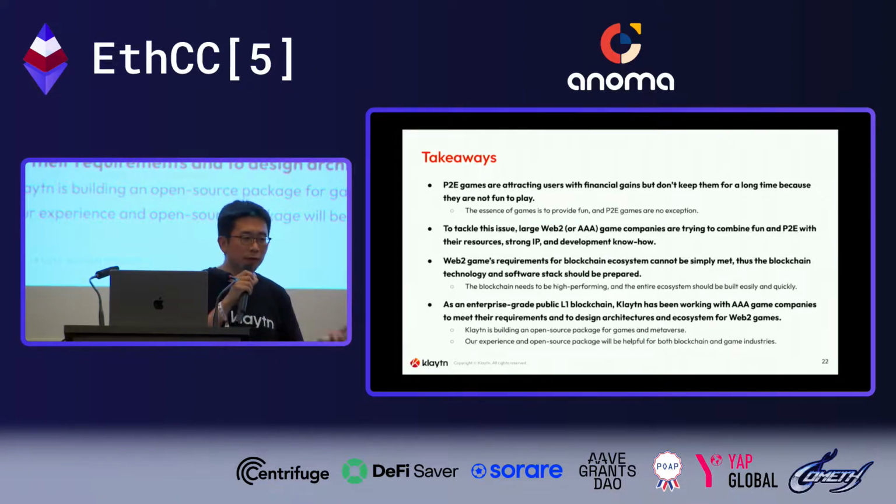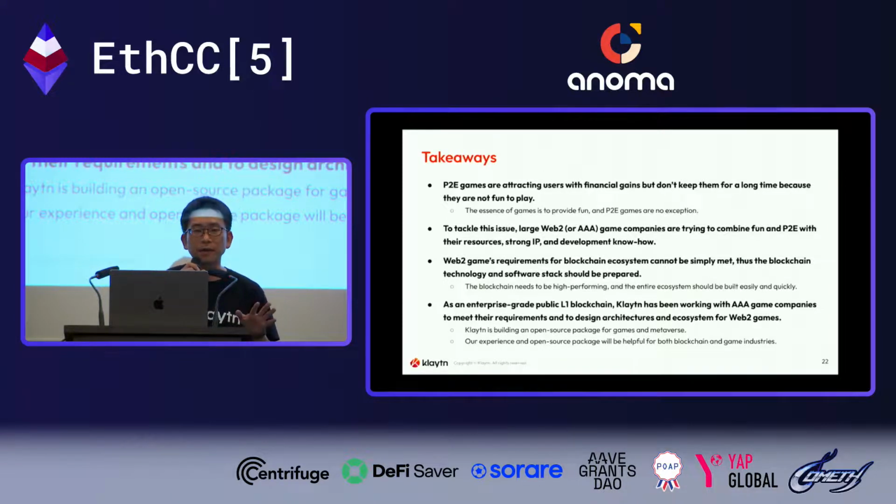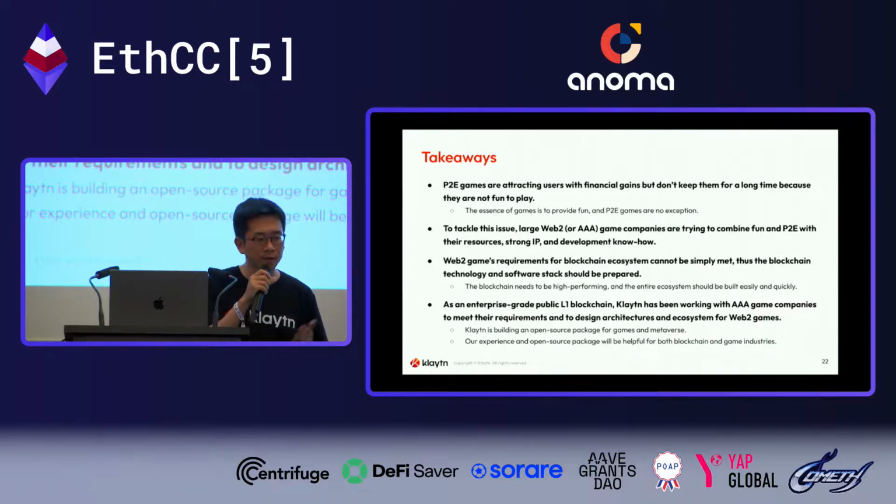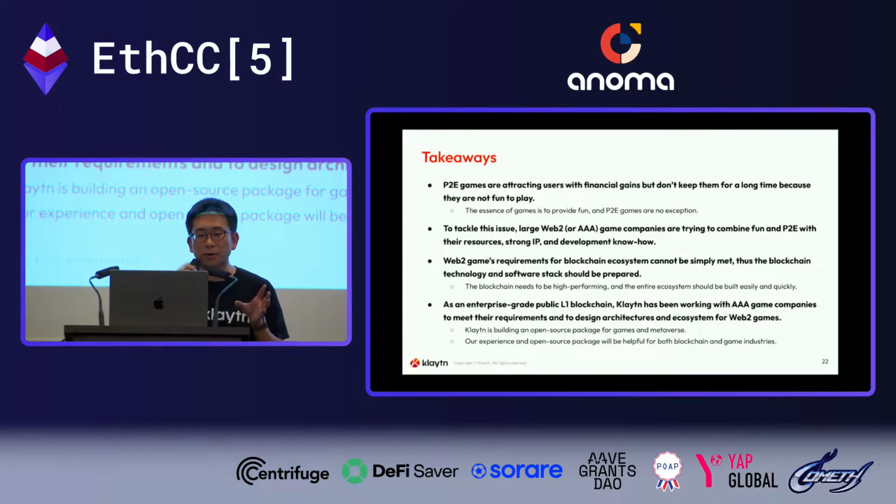And when they look at blockchain and this Web3 infrastructure, everything is kind of less performing from the perspective of Web2 game companies. So their requirements for the blockchain ecosystem are not that simple, and they cannot be simply met. So the blockchain technology and software stack should be prepared to meet these requirements.